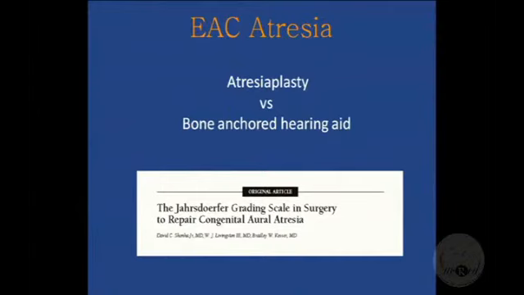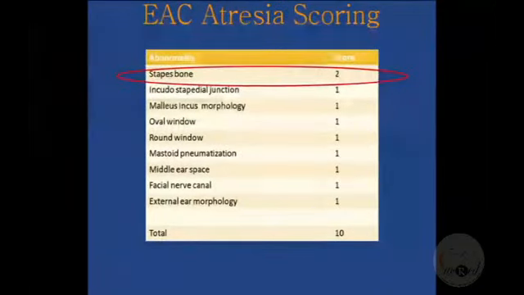This is the scoring system which I use, but I don't give a score on the T-bone. I never do that. I don't say this is a score 10 external canal atresia. I always describe the findings. I'll let the surgeons score it because they have other things to look into.